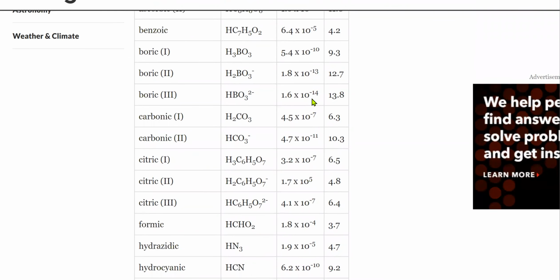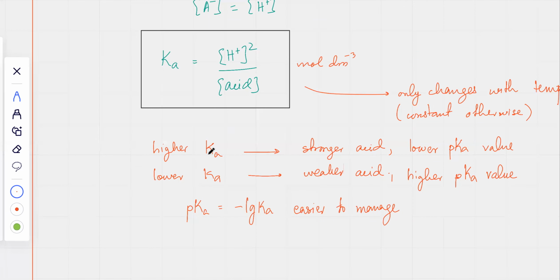With 13.8, the Ka value is really small. So the higher the pK value, the weaker the acid, and the lower the Ka value. Is that clear? So there are two ways of representing Ka values. One is Ka, the other is the negative log of that, pKa. Is this clear? Yes.